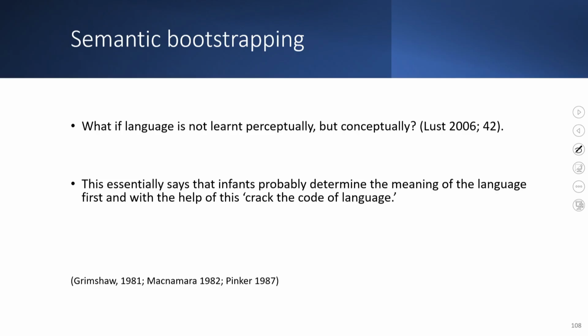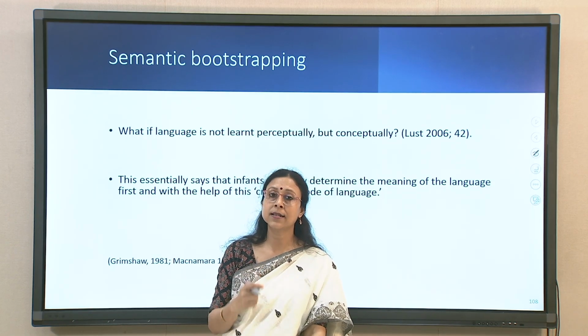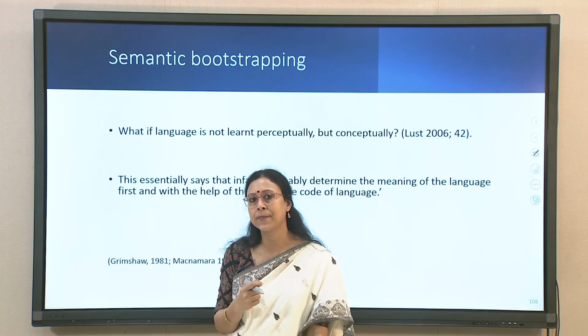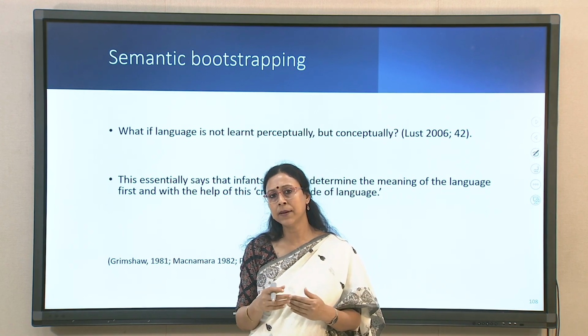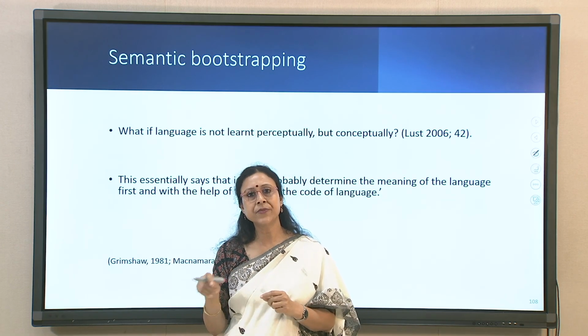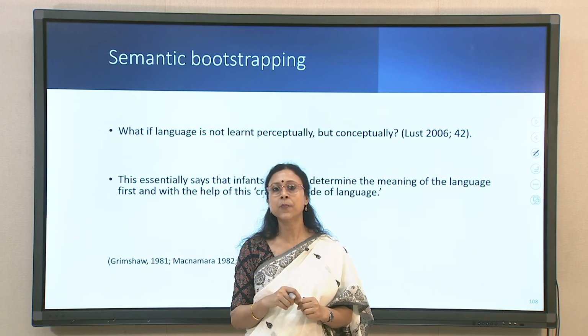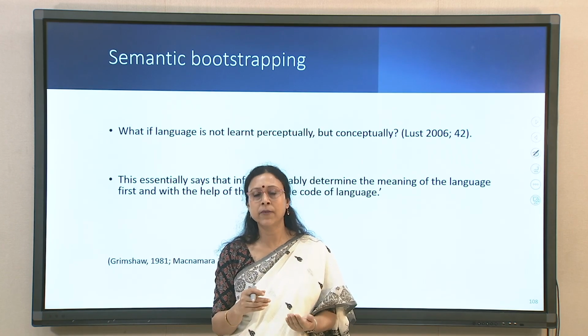So, how do they figure out meaning? It is actually not very difficult for infants to understand the meaning of at least a few words. Which words? The words that are typically used around them very often in their childhood, where the designated object is also present in the same environment. This happens with words like mummy, for example.